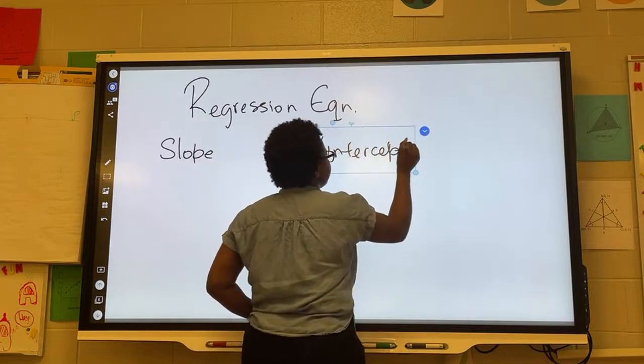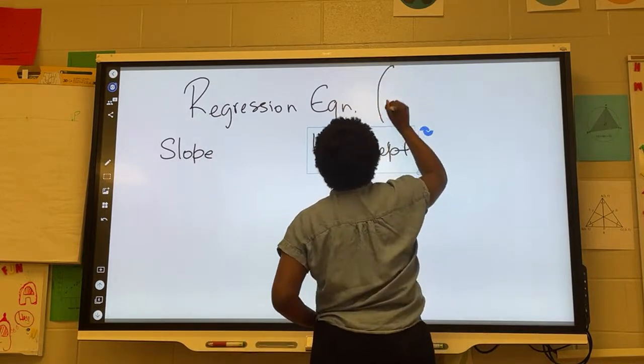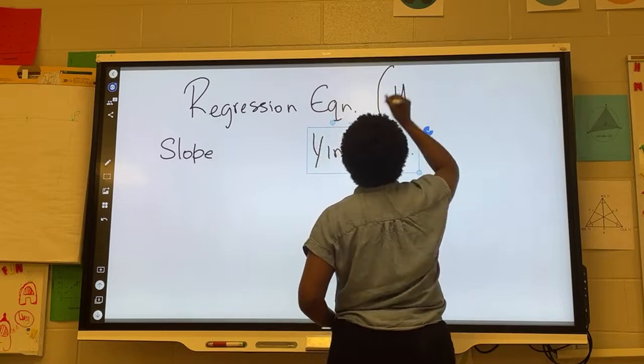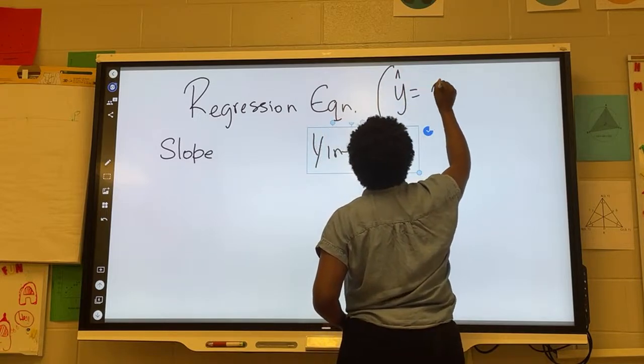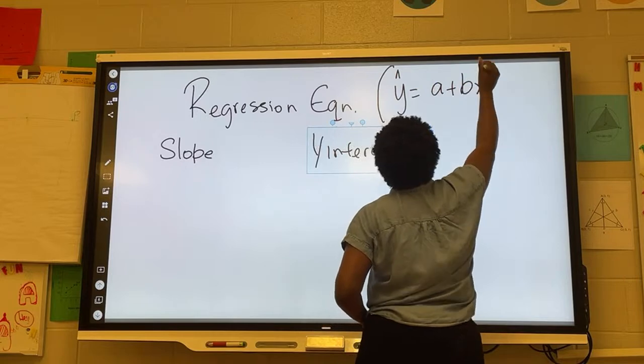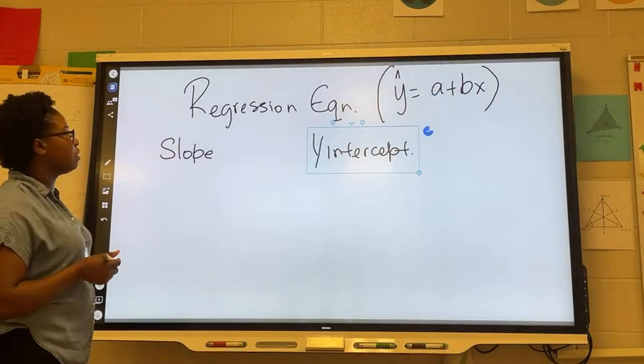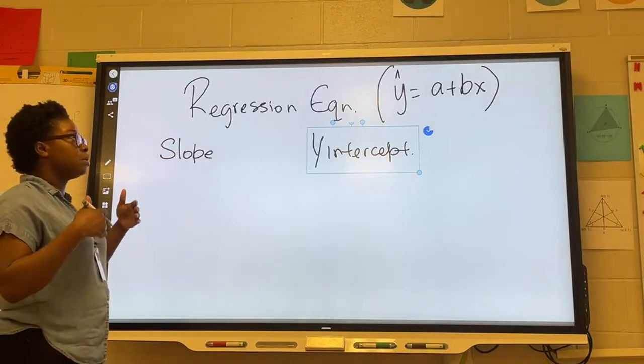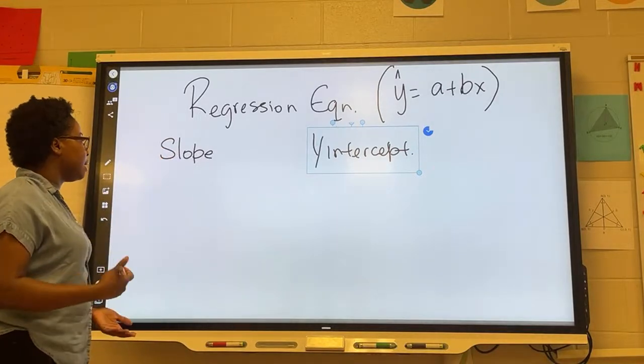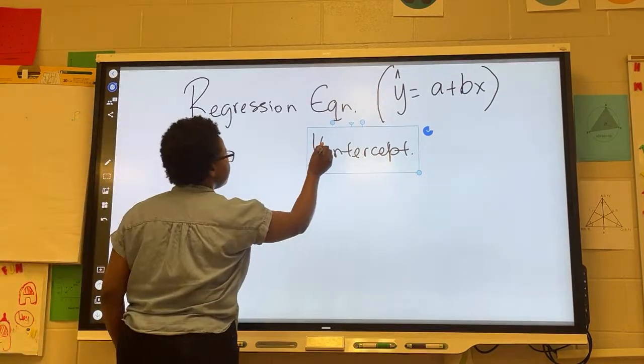And remember, for the regression equation, we pay attention to the equation in the form y hat is equal to a plus bx. The same thing as your mx plus b, just that regression needs you to pay attention to different letters, which is a and b instead of m and b.